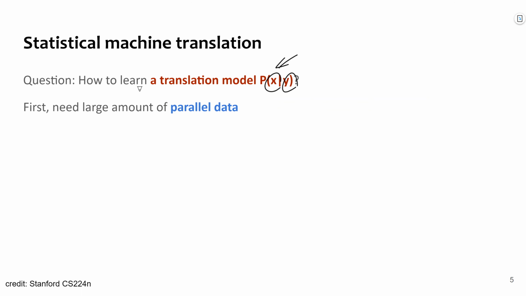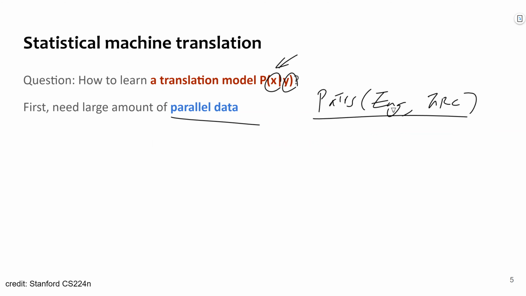What does it mean by parallel? We need to have pairs of sentences like English and French. And we need a lot of these pairs. Pairs of human translated French English sentences.